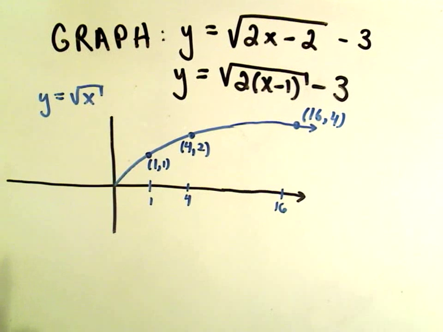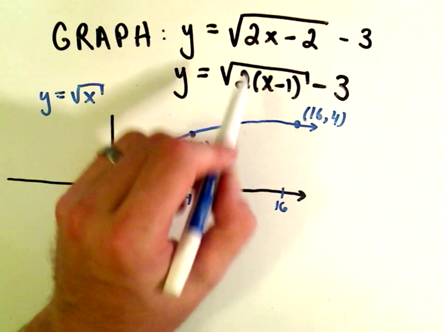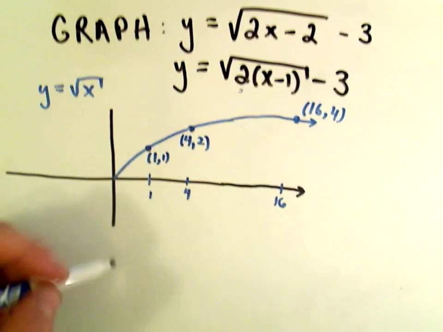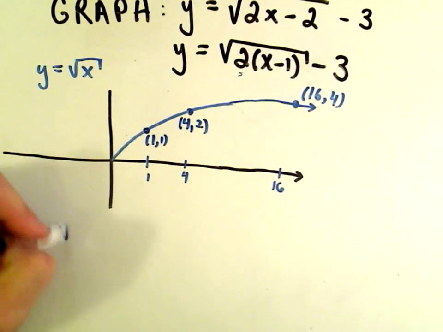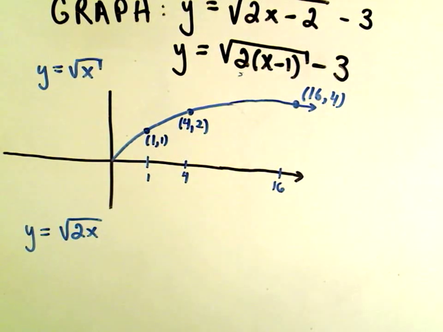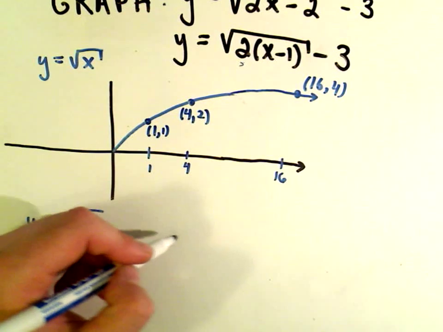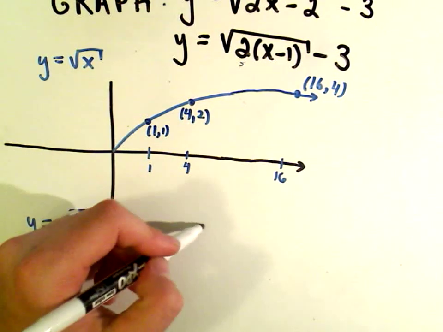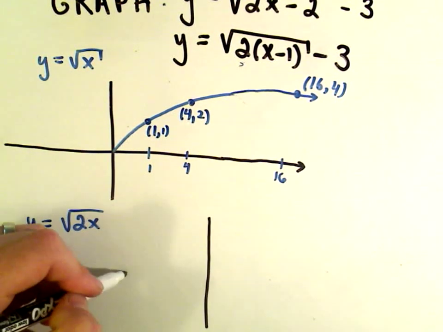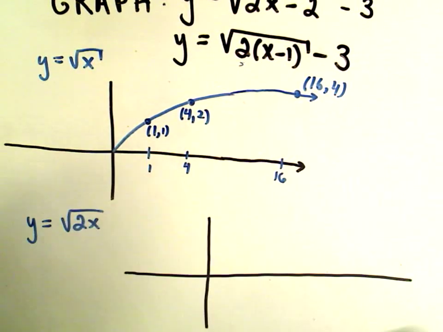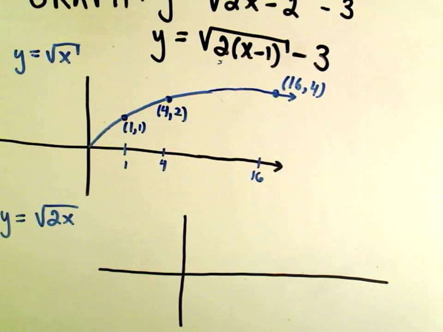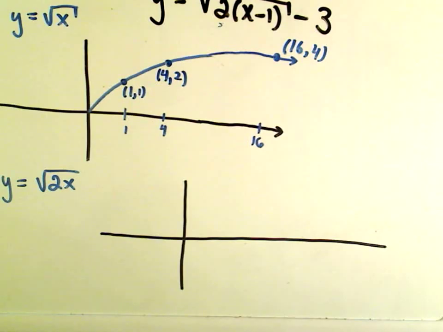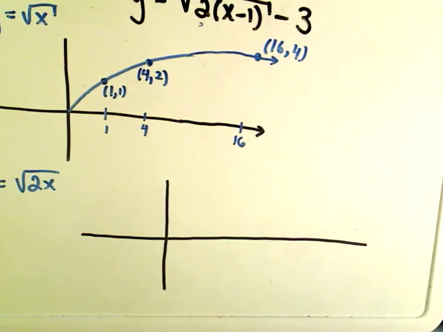Okay, so the first thing I'm going to do now is graph the square root of 2 times x. Remember, if you multiply the inside by a number larger than 1, it compresses the graph.